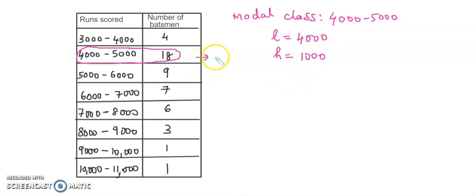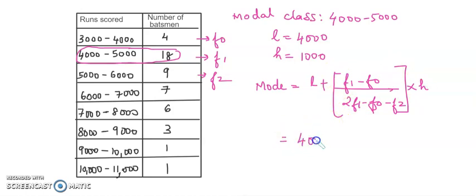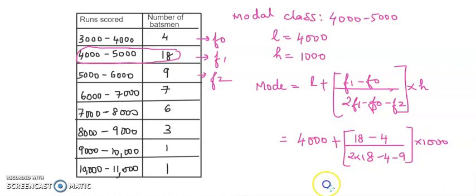Now, the frequency of the modal class is F1, the frequency of the class preceding is F0, and the frequency of the class succeeding is F2. So mode is equal to L plus (F1 minus F0) divided by (2F1 minus F0 minus F2), multiplied by H. That is equal to 4,000 plus (18 minus 4) divided by (2 times 18 minus 4 minus 9), the whole multiplied by 1,000.